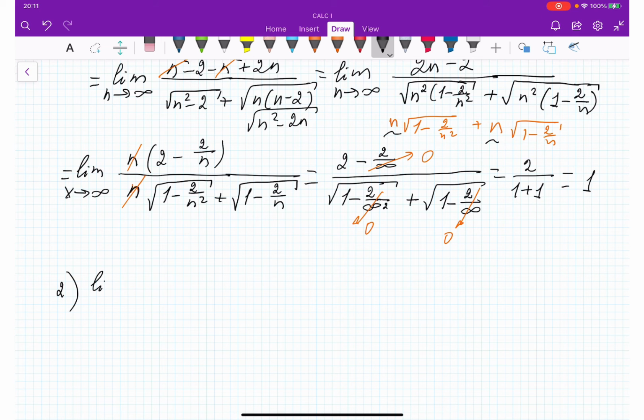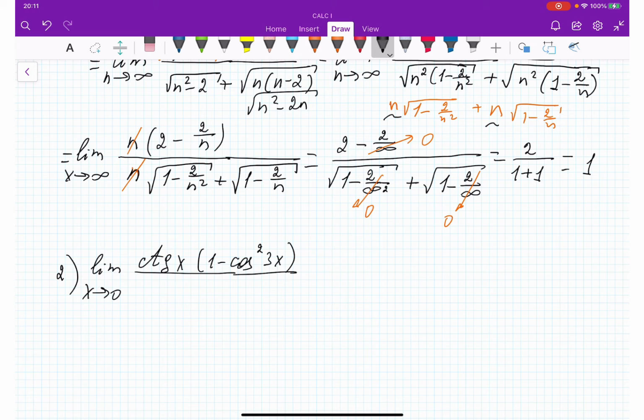Limit as x approaches 0 of cotangent x times 1 minus cosine squared 3x, divided by x squared plus 5x.